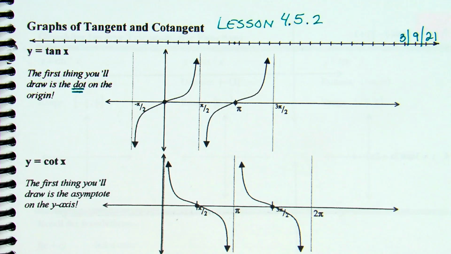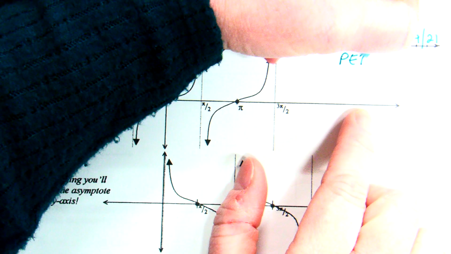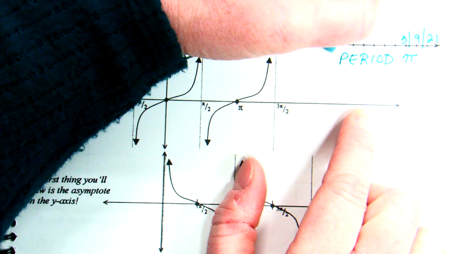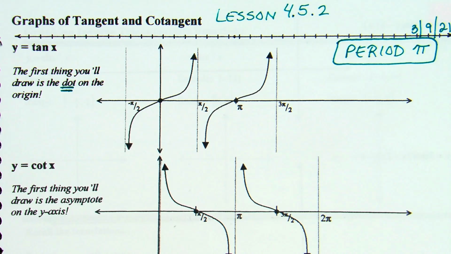So here's our first big difference. The period of tangent and cotangent is not 2 pi by default. It is pi.